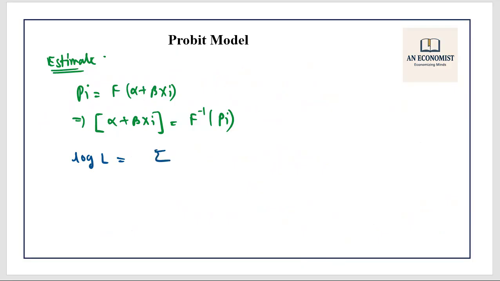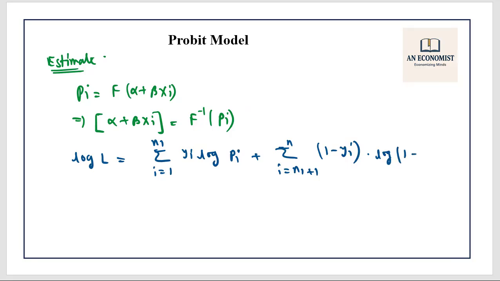Let me write it again for you. Summation i from 1 to n1, yi log of pi, plus summation i from n1 plus 1 to n, 1 minus yi, and then you have log of 1 minus pi, right? Now simply replace this.